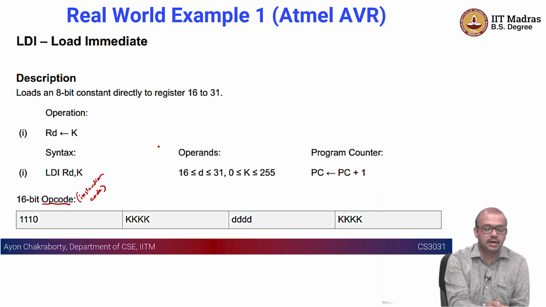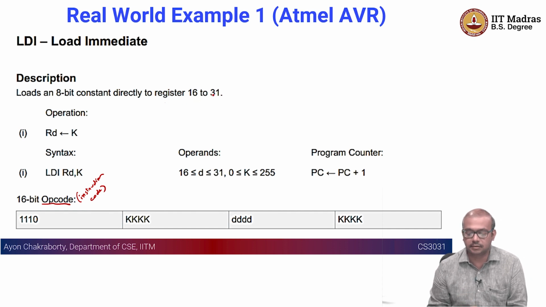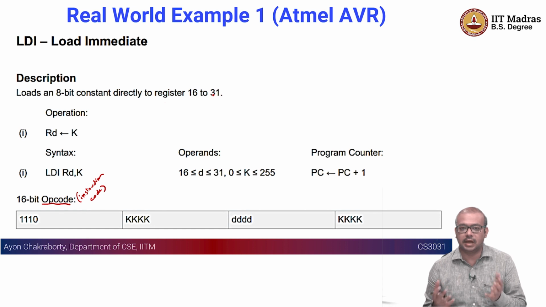It says that this instruction loads an 8-bit constant directly to registers 16 to 31. So you have to load an 8-bit number, because these registers cannot hold anything more than 8 bits; the registers have a capacity of a byte.